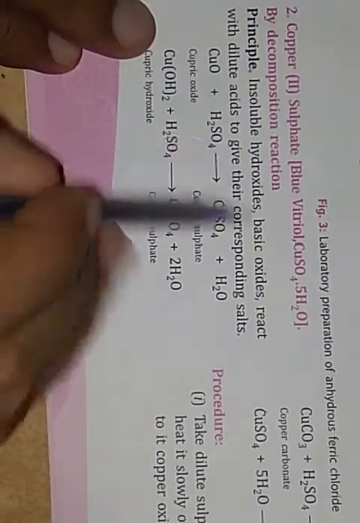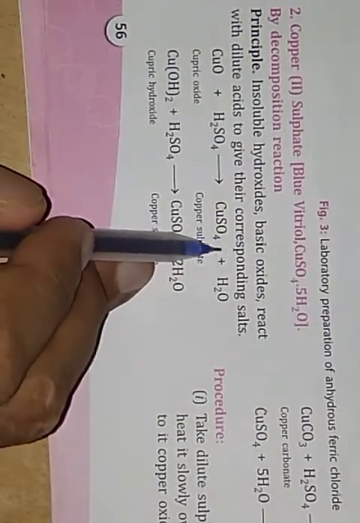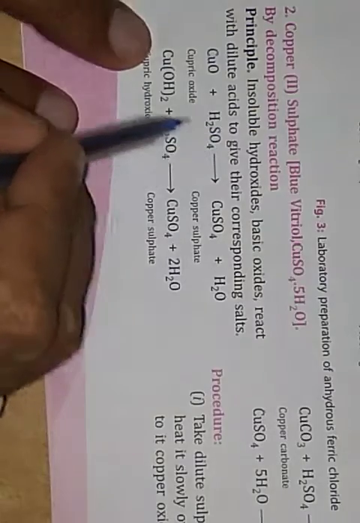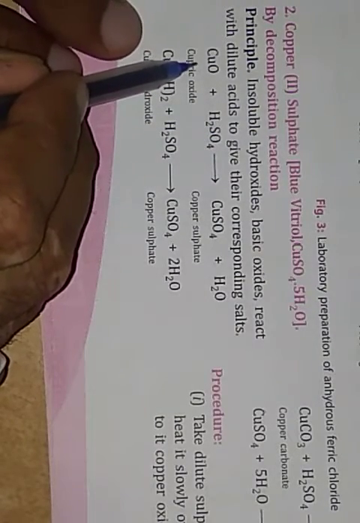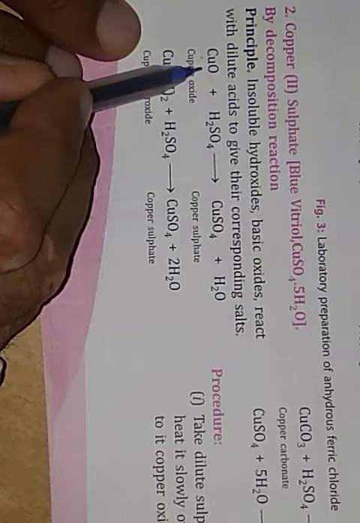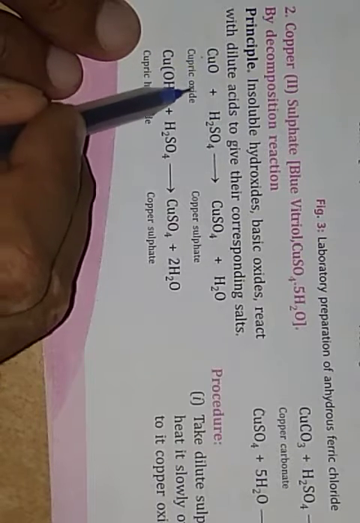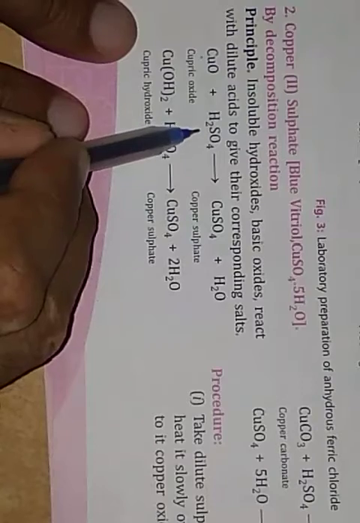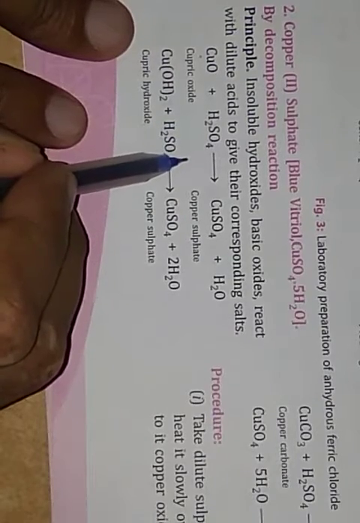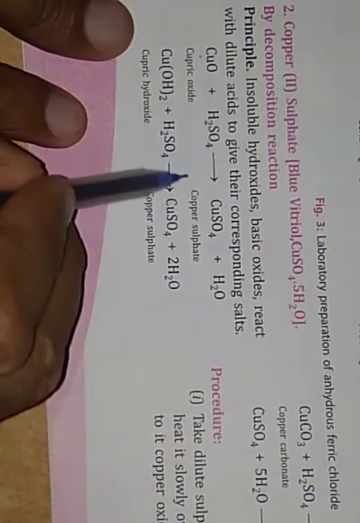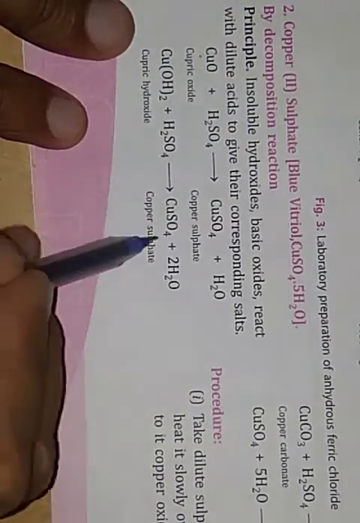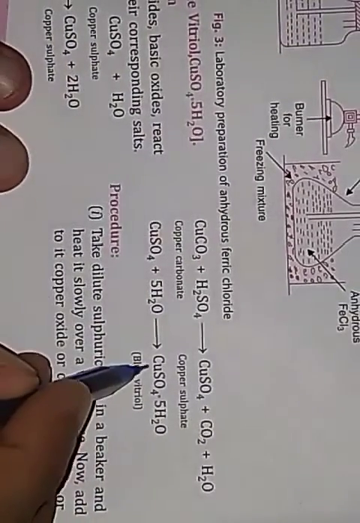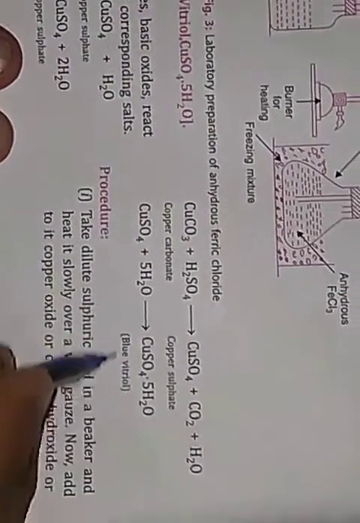Now, the principle behind this is when we take the insoluble hydroxide of copper or copper oxide or copper carbonate and react with the dilute acid, then it produces the copper sulfate, and after crystallization it forms the blue vitriol, CuSO4.5H2O.